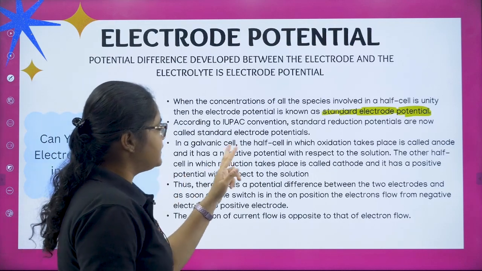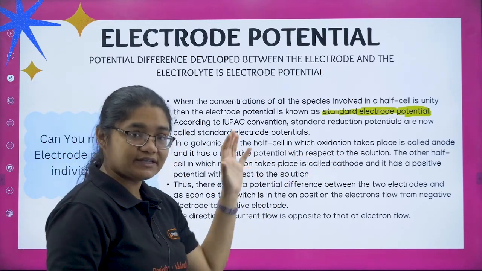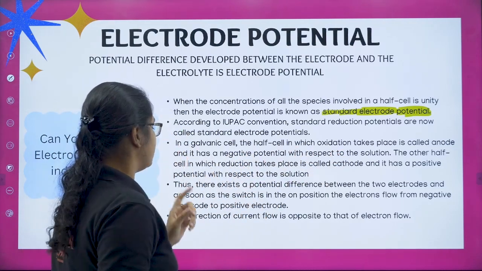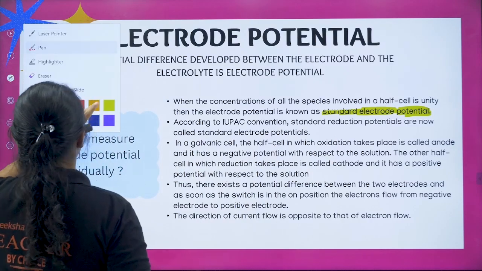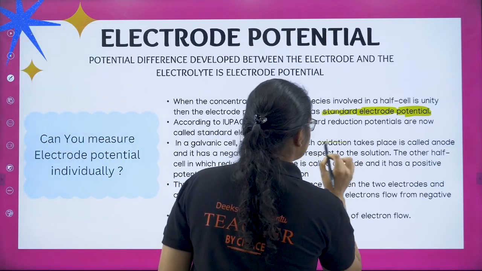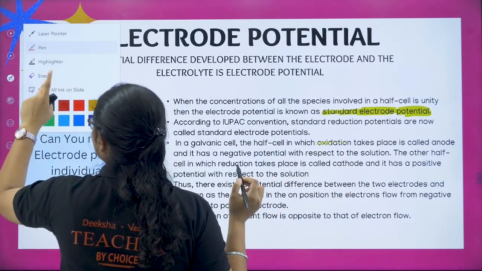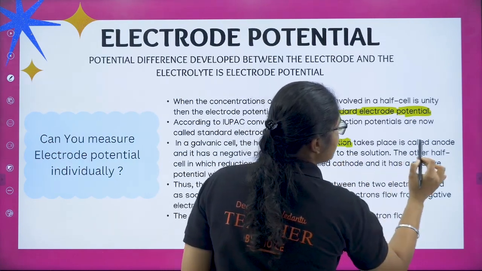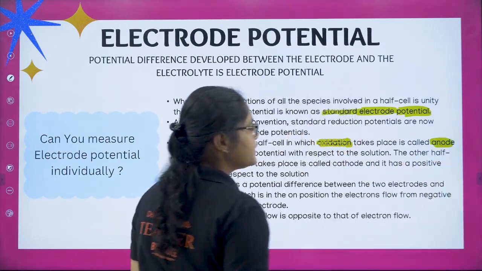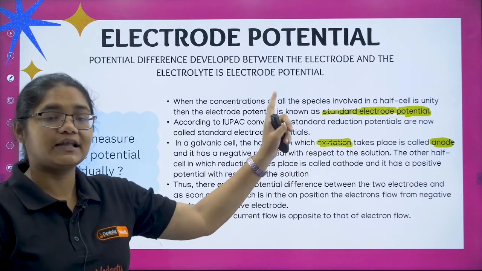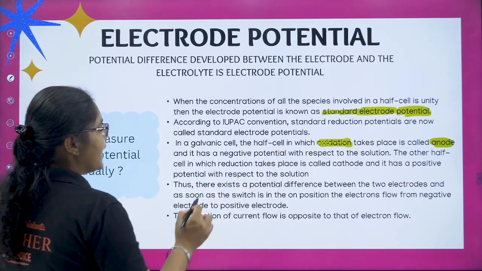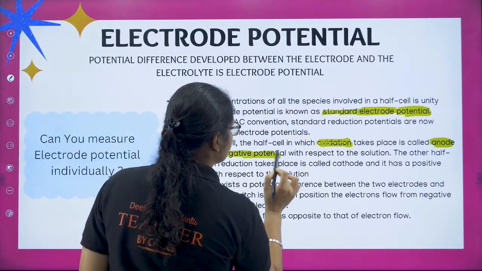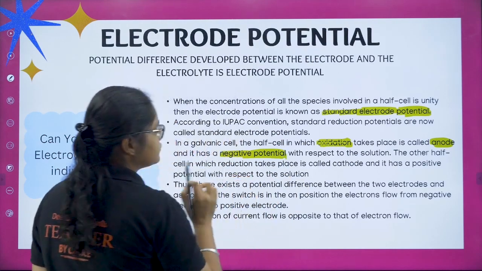Now in a galvanic cell, the half cell in which oxidation takes place is called the anode, and it has a negative potential. On the left hand side, where oxidation takes place, that is called the anode. This is important. It has a negative potential with respect to the solution.